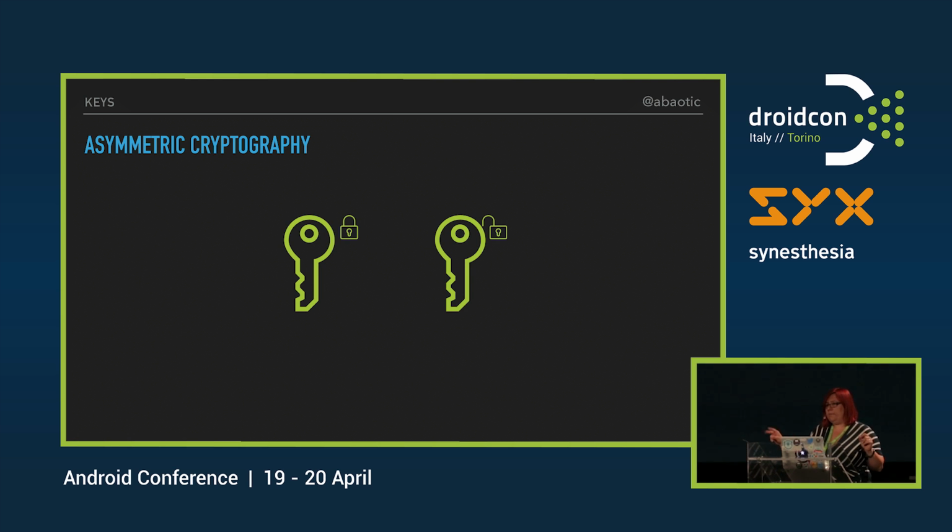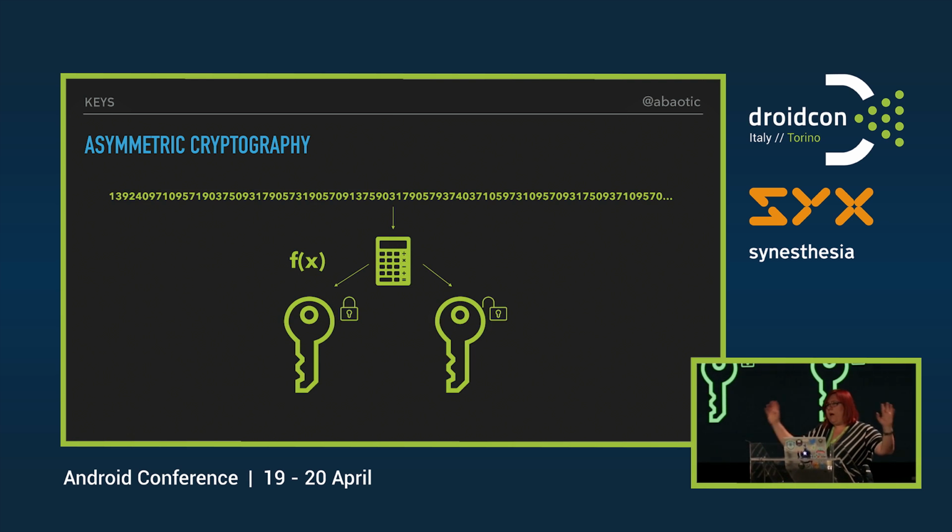So we have a pair of them, but they are not identical. How do we get them exactly? We have a large random number, and it needs to be random, that when put in some kind of method or algorithm, which is obviously not just 1 + 1 or a hash or something else, it needs to be complex, generates two keys, one deemed to be public and one to be private.